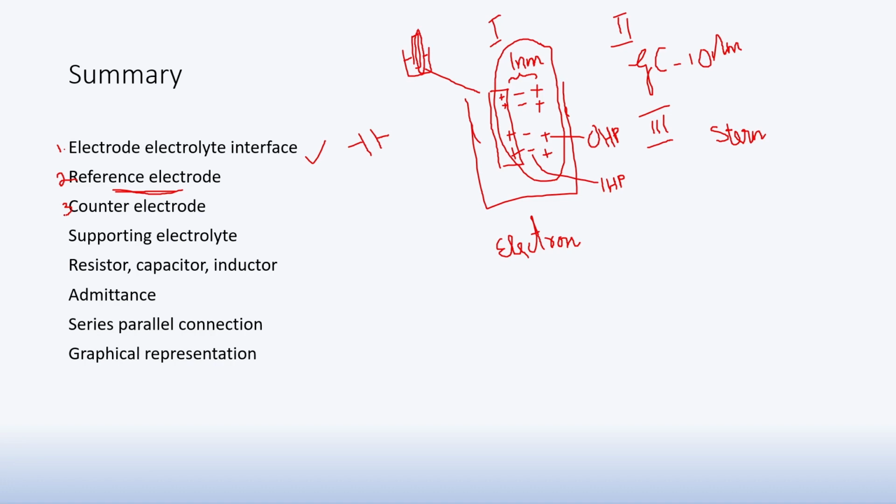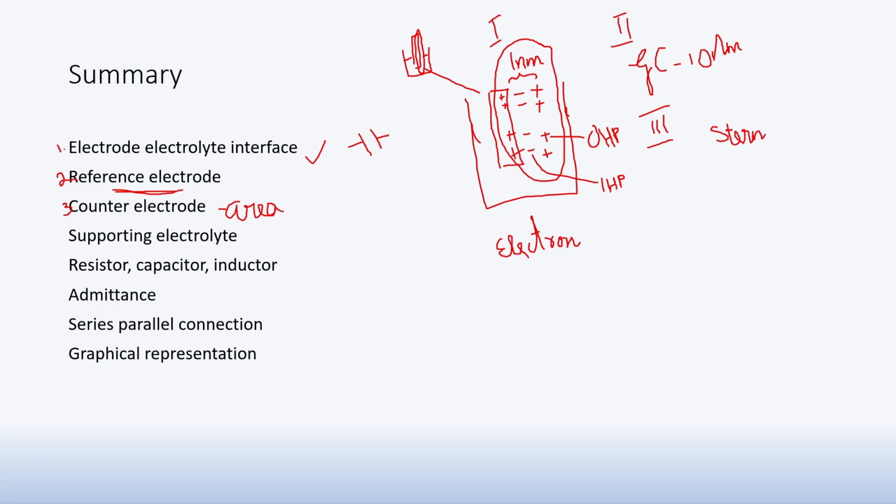So what can we do? We can pass the current we are passing through the working electrode through another electrode known as a counter electrode. So the counter electrode is used to take away the current that you are passing through the working electrode. You also saw that this counter electrode should have a large area. If you are applying a larger potential across your working electrode, a current is generated and it will significantly increase.